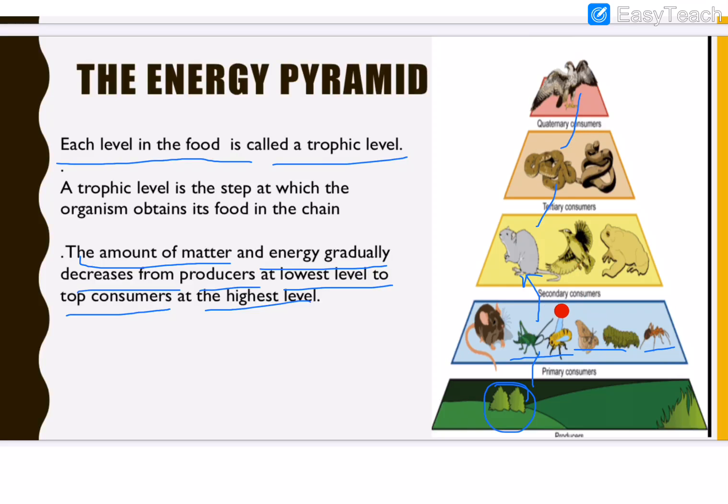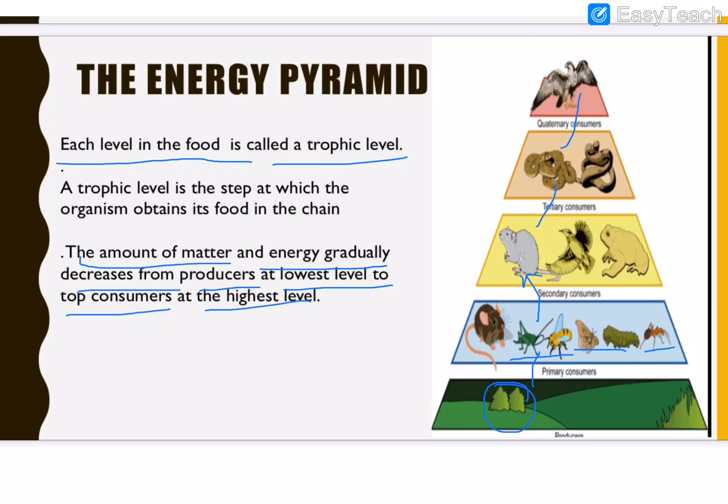In a food chain, organisms obtain energy by consuming the organism one level below. Plants are the producers, and all the animals are consumers because they feed on plants.